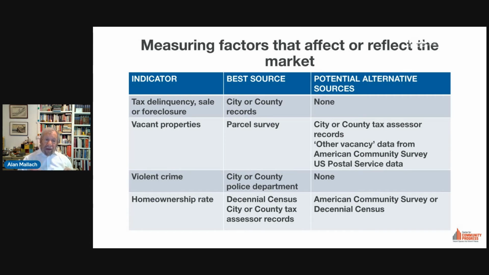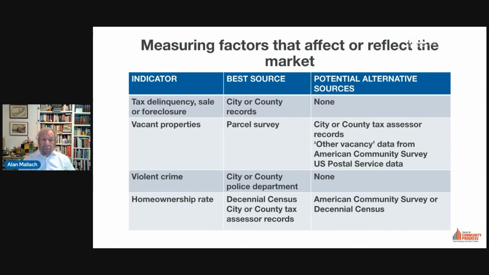The factors that affect the market are, as I discussed earlier, tax delinquency and tax foreclosure, vacant properties, crime, violent crime in particular, and the homeownership rate. Now, tax delinquency, depending on whether the city or the county has the responsibility for dealing with property tax delinquencies, those are, again, official public records, which you should be able to get.